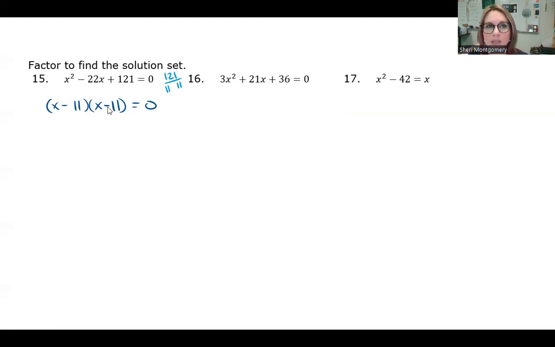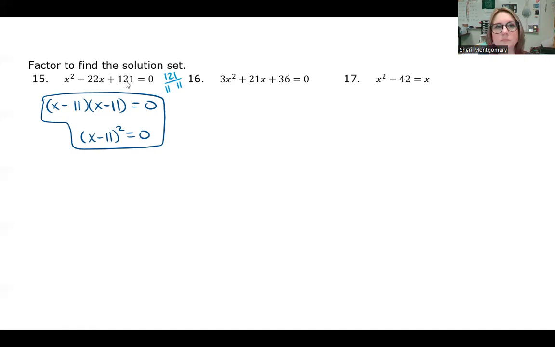Will negative 11 and negative 11 multiply to give me positive 121? Yes, then we're good. I do want to show you that this will a lot of times be written like this, because it's the same value twice. It means the same thing. So I want you to write it both ways.